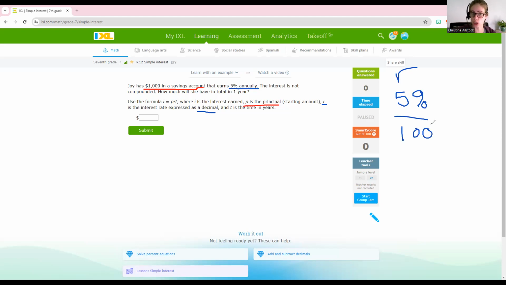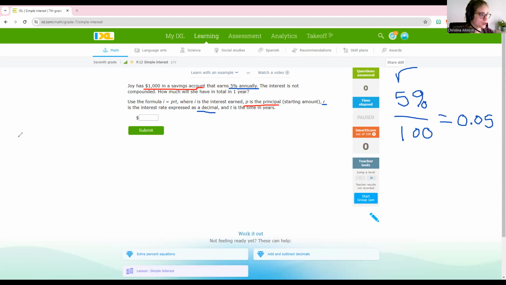And this is the part where you are allowed to use a calculator. So if we take 5 and divide that by 100, and make sure you're careful to put the 5 in first because it's 5 divided by 100, so you need to type it into your calculator in that order: 5, division symbol, 100. We get 0 and 5 hundredths.